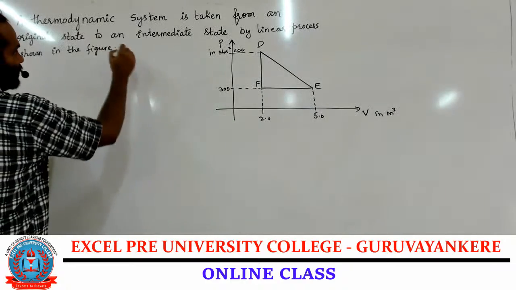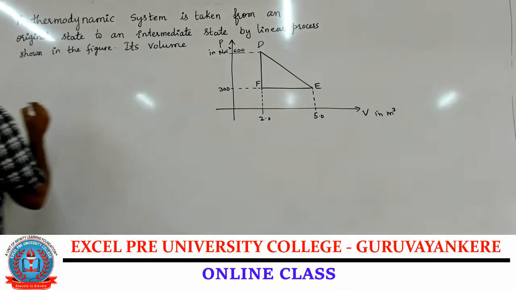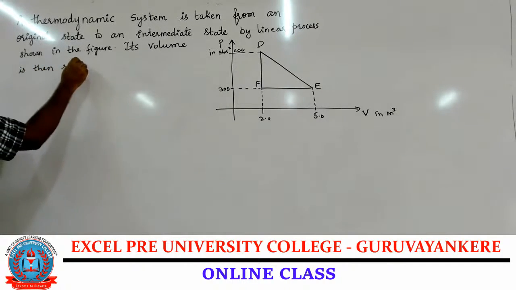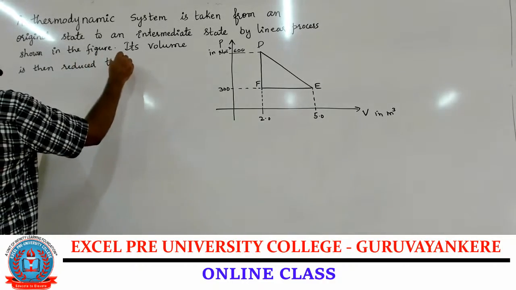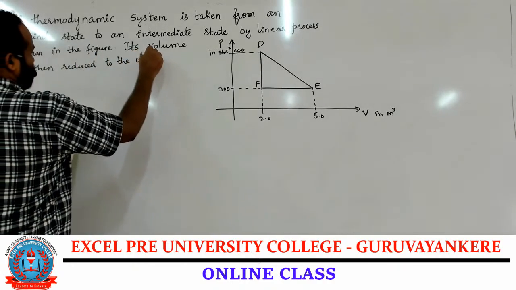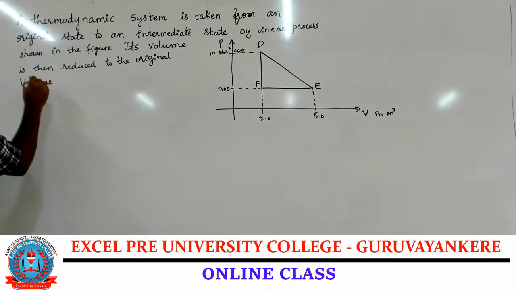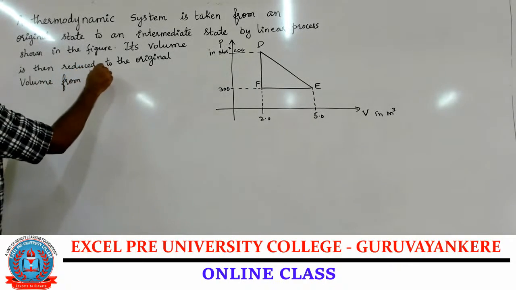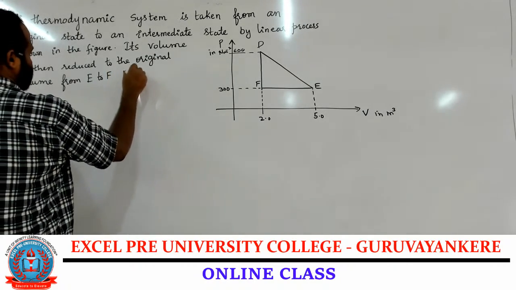Next, continuation of the question. Its volume is then reduced to the original volume from E to F by an isobaric process.